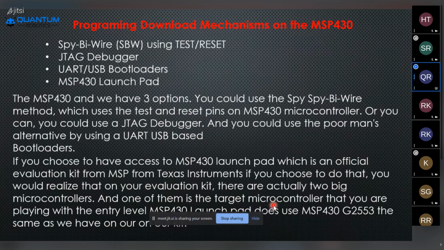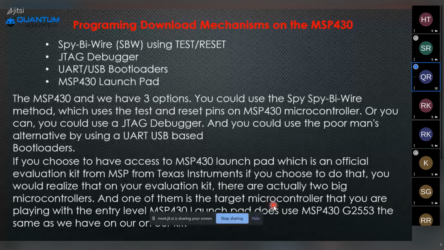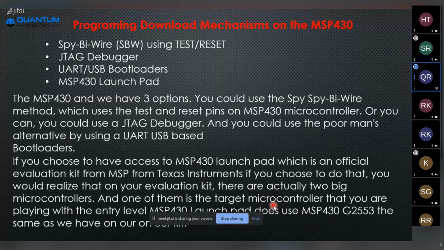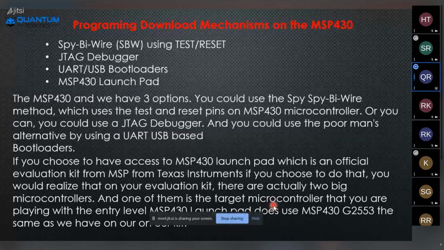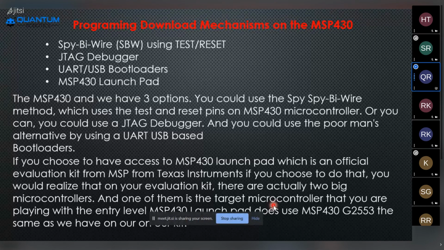And the programming download mechanism of the MSP 430. Here you can see the programming download methodology: Spy-Bi-Wire, which is SBW, using TEST and RESET, JTAG, the BSL with UART and USB bootloaders, and the MSP 430 LaunchPads. These are all the programming download instructions and the particular packages which we install into the software.